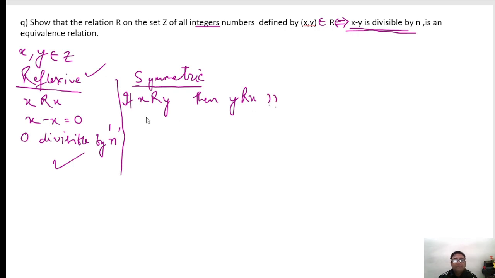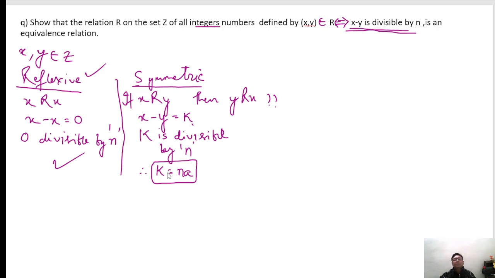So let's check. x minus y, suppose it is k, and they are telling k is divisible by n. That means I can tell that k is equal to na, some multiple of n, because k is divisible by n.